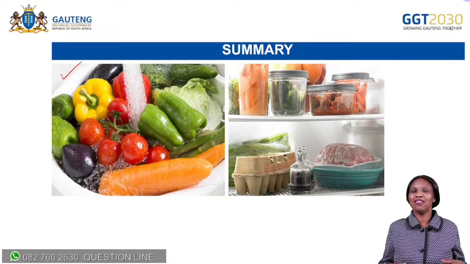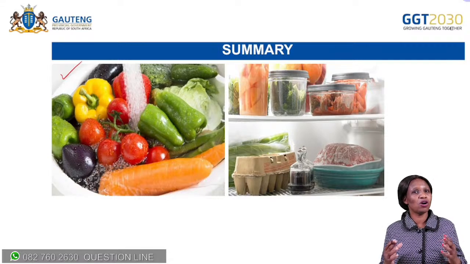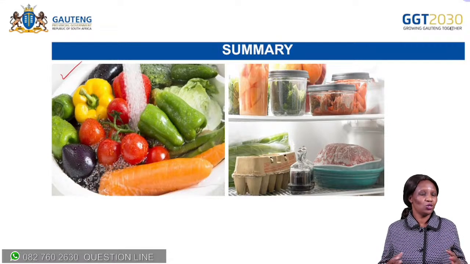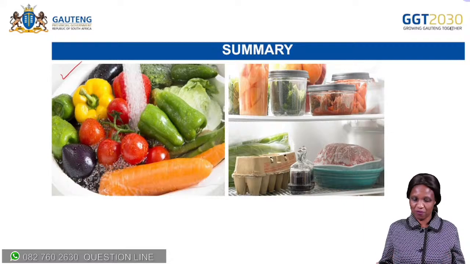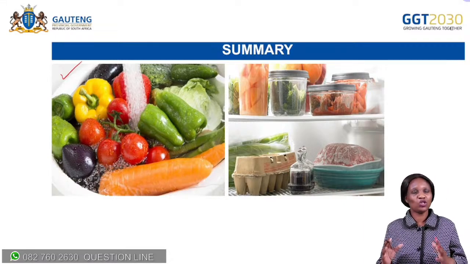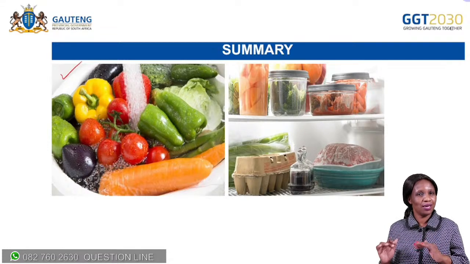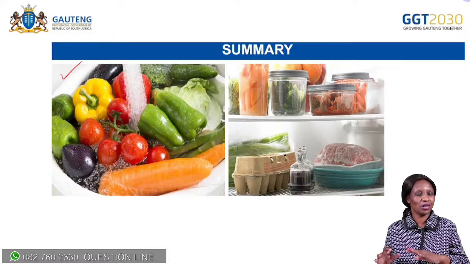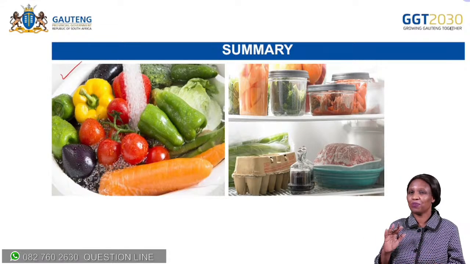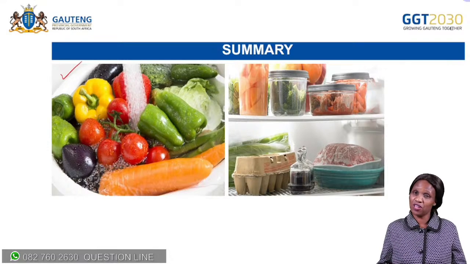You can even wash your vegetables using a little bit of soap so that you get rid of microorganisms. And then we need to store our fresh vegetables and fruit in a refrigerator so that we know that they are safe. We need to put them in containers and cover them so that they will be free from harmful microorganisms.